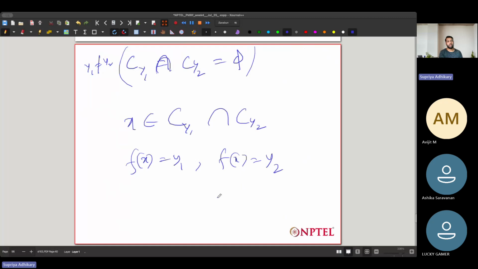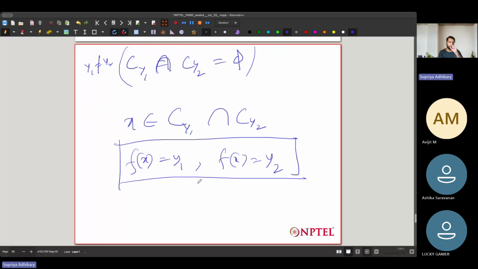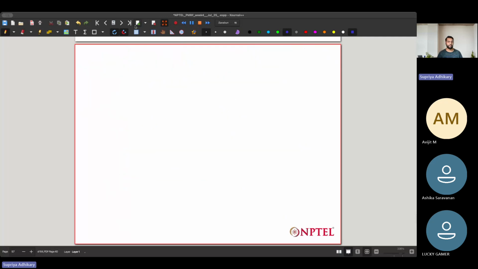But since y1 is not equal to y2, this is not possible because it is a mapping, and this violates the condition for a mapping. That means one element should not map to two different elements in the codomain. So this is not true. Therefore, C of y1 intersection C of y2 should actually be equal to empty.